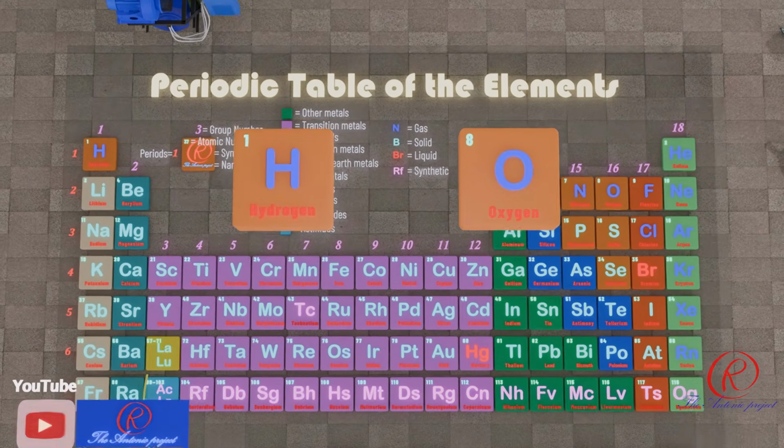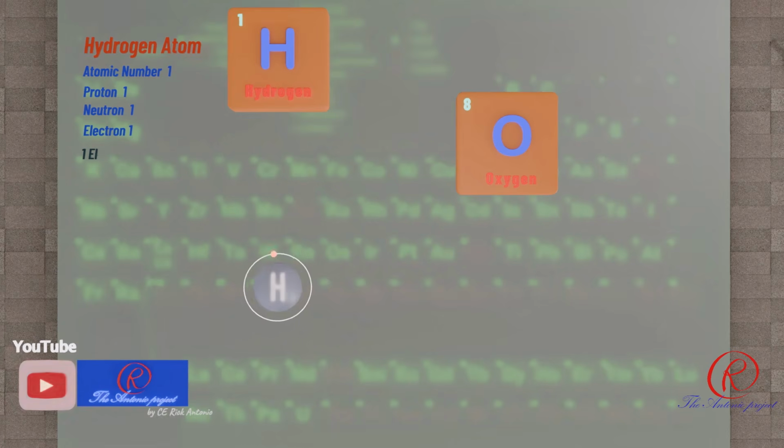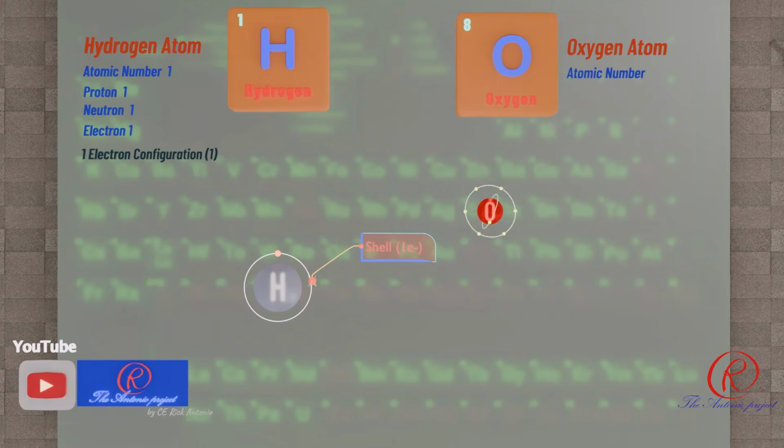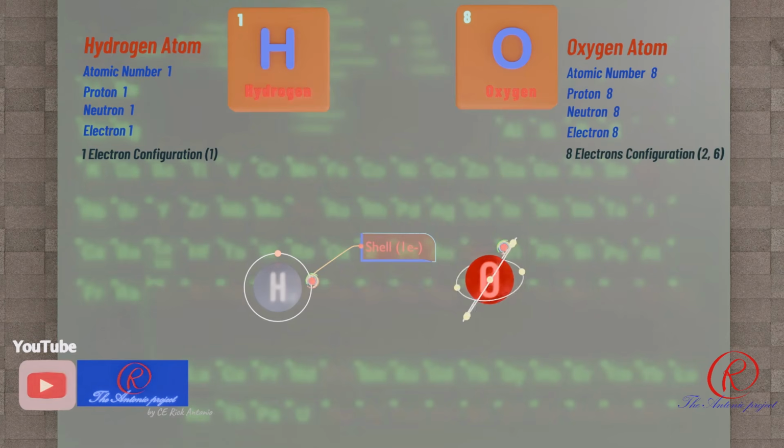Hydrogen atom: atomic number 1, proton 1, neutron 1, electron 1, 1 electron in the shell. Oxygen atom: atomic number 8, proton 8, neutron 8, electron 8, 2 electrons at the inner shell and 6 electrons at the outer shell.